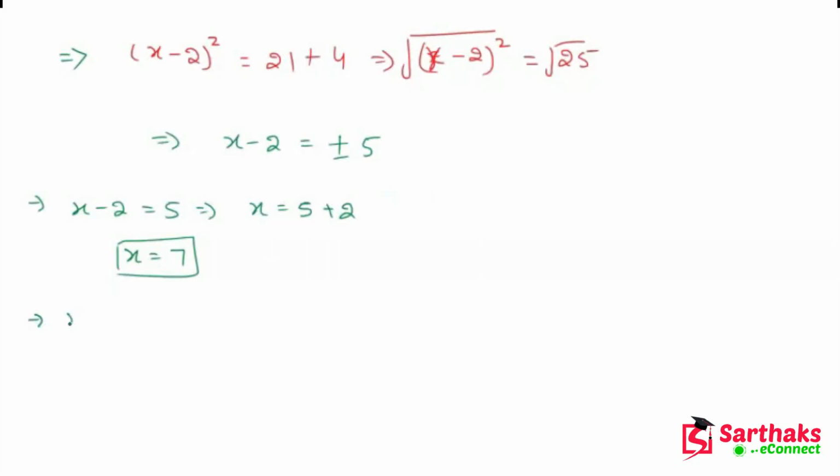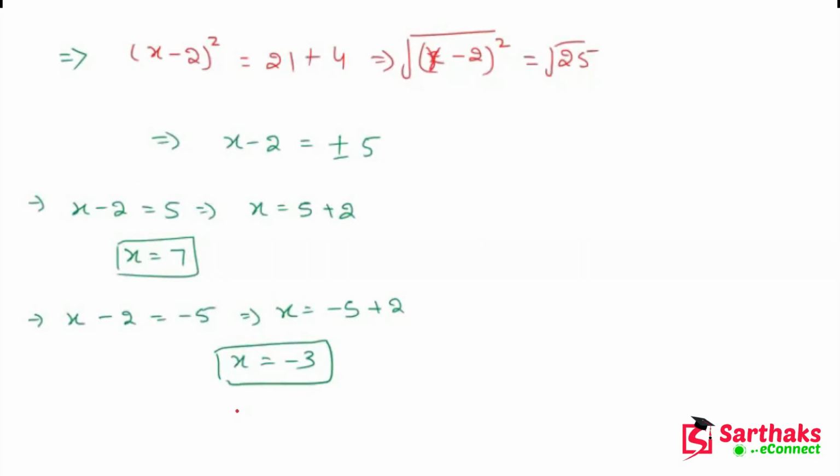Now let's take x minus 2 equals minus 5. If we shift minus 2 to the other side, we get plus 2, so x equals minus 3. So we have two values, x equals 7 and x equals minus 3.